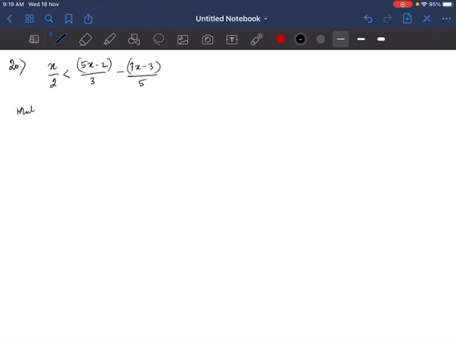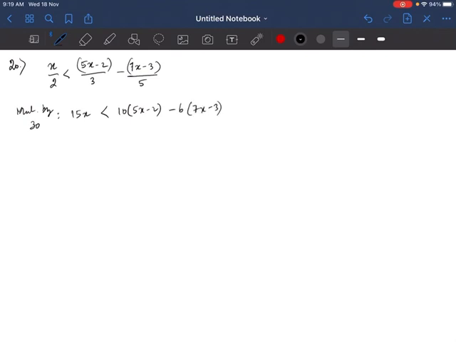So if I multiply by 30, what do we get? Here 30 by 2 is 15, so we have 15x less than, if I multiply by 30 here, we have 10 times 5x minus 2, and if I multiply by 30, we have minus 6 times 7x minus 3. So this is what we have.